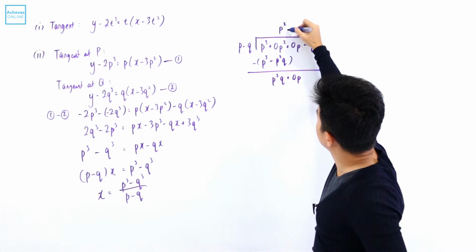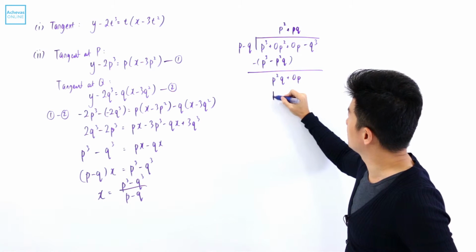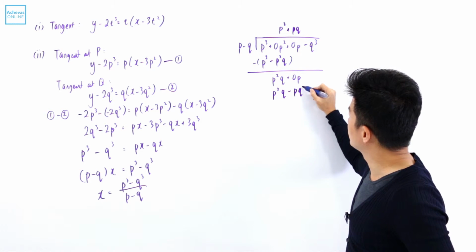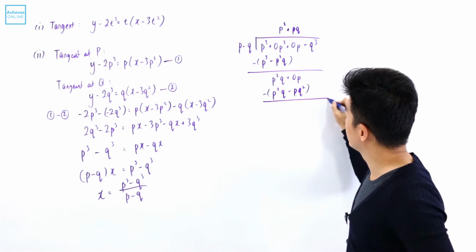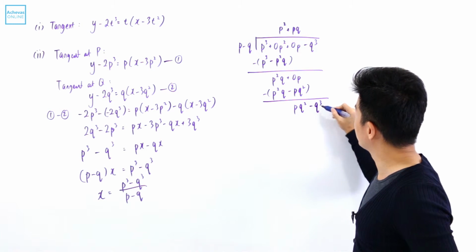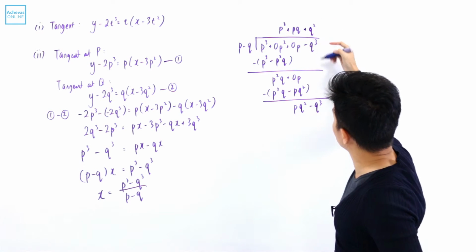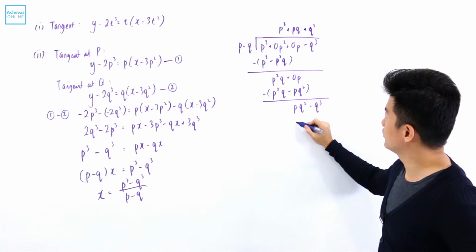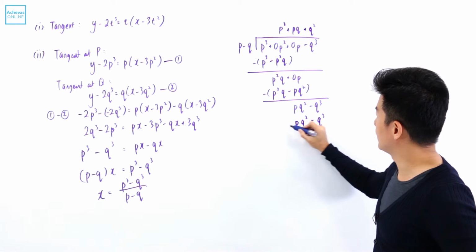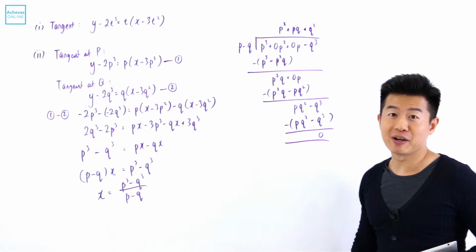What I'm going to multiply here is plus pq. Multiplying this, it gives me p squared q minus pq squared. So here is a pq squared minus q to the power of 3, and here it is going to be a plus q squared. Multiplying this, it is going to be pq squared minus q to the power of 3. And this is 0, which is good. It shows that p minus q is a factor.